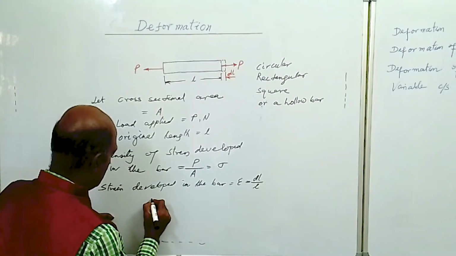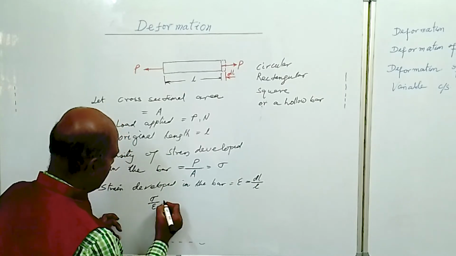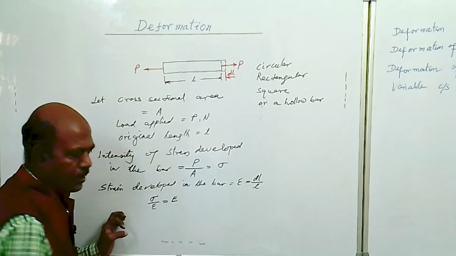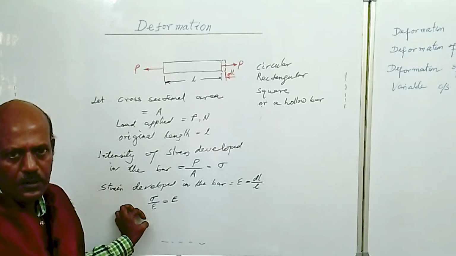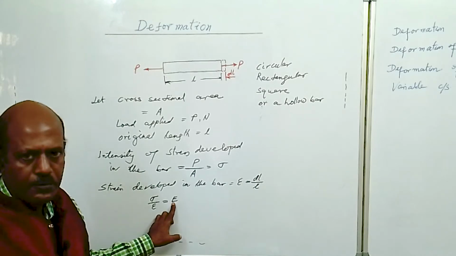So sigma by epsilon, as per Hooke's law, within elastic limit we can write a constant, and that constant is known as Young's modulus of elasticity, and it is given by term E.